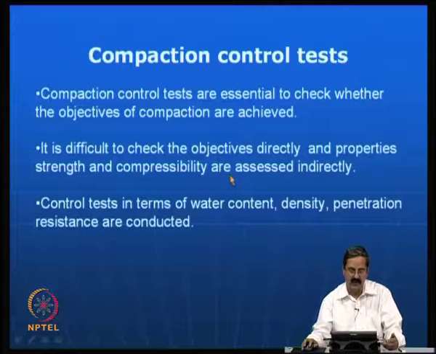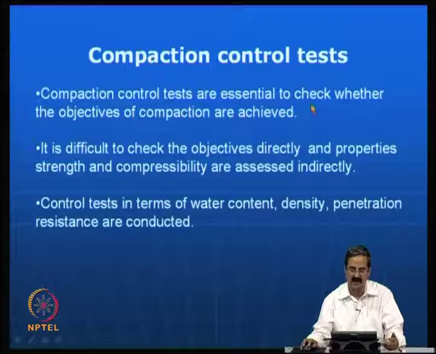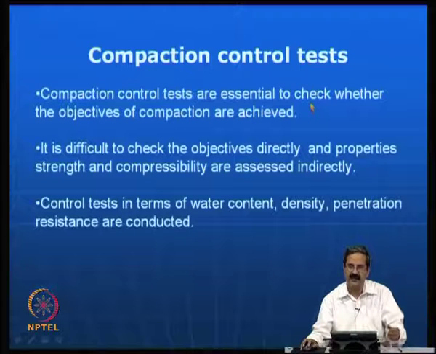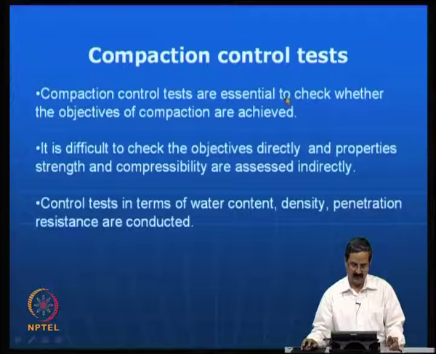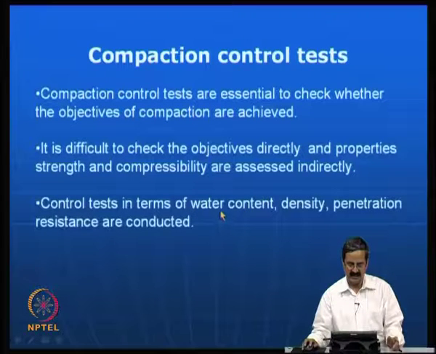That is what we are trying to do in this compaction control test. By taking a sample for test or checking, what we mean is whether the water content, say the optimum moisture content that we got from the compaction curve, is close to or in the same range as what you got in the lab. This is what we would like to see.